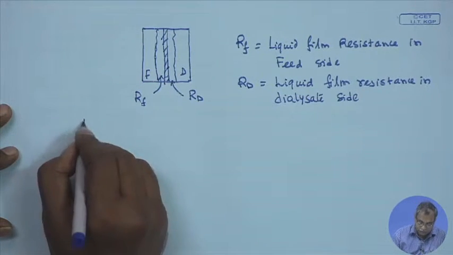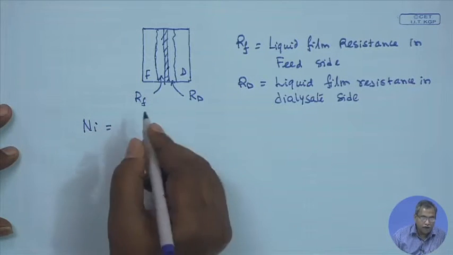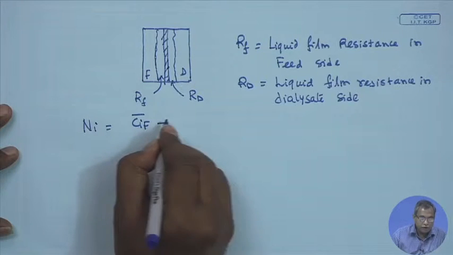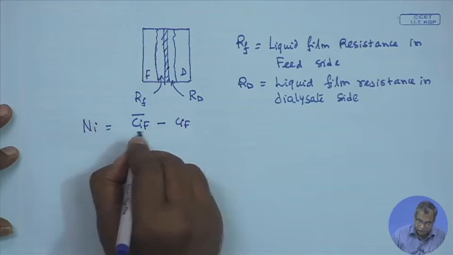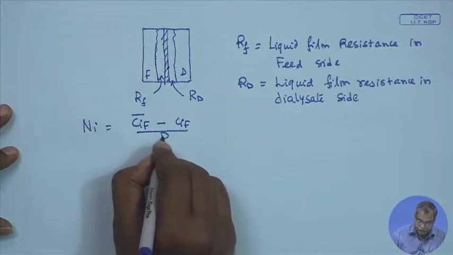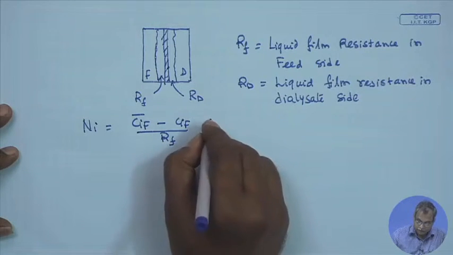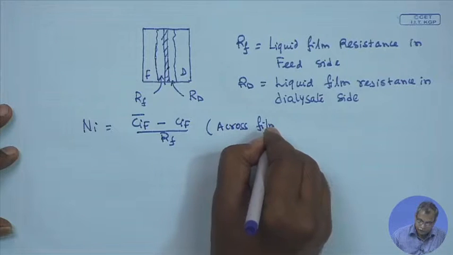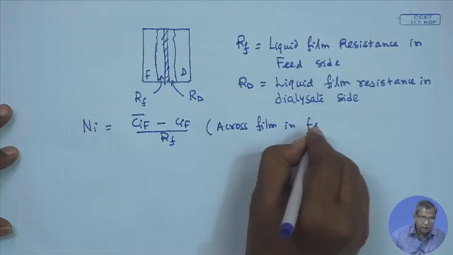So, let us write down the mass flux of the ith species. This will be nothing but Cif bar minus Cif divided by Rf. This is across the film in the feed side.